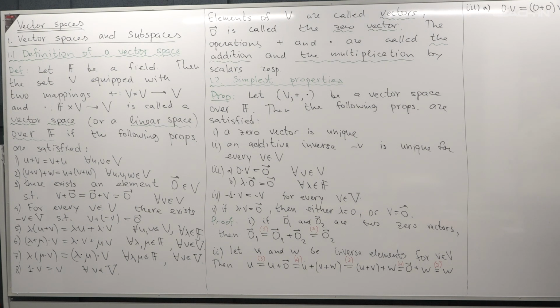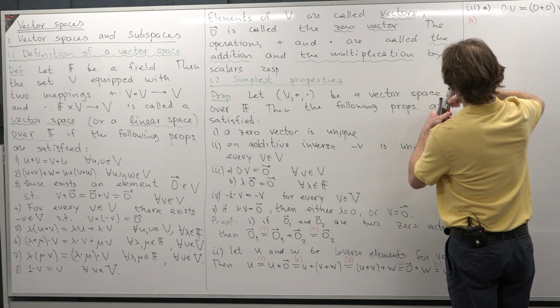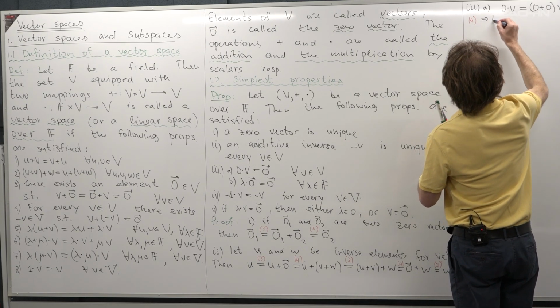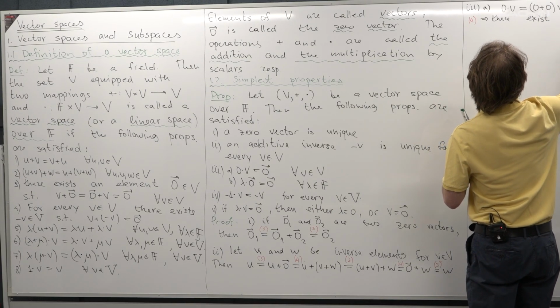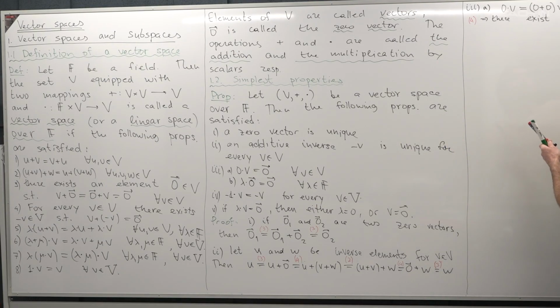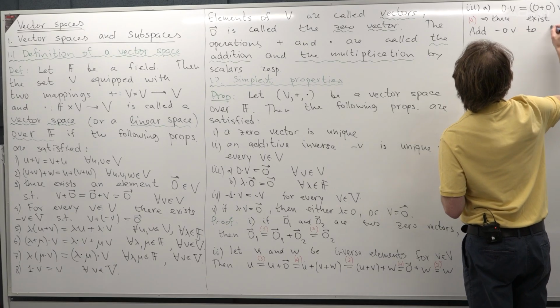And according to property number 4, it follows that there exists minus 0 multiplied by V such that 0 multiplied by V plus minus 0 multiplied by V equals the zero vector, right? And so I'm going to add this element to both sides of this relation.